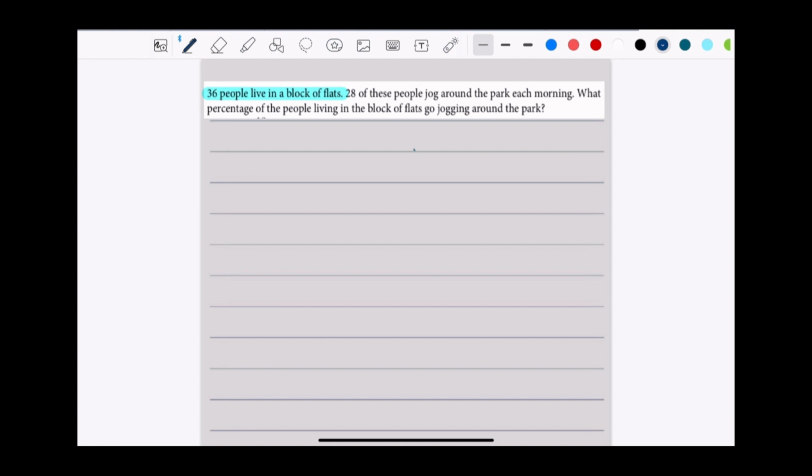So we're talking about this number. So this number of people go for jogging. So the same method, 36 our total number of people, which is 100%. Out of which 28, they're asking us to find the number of people going for jogging, which is x%.